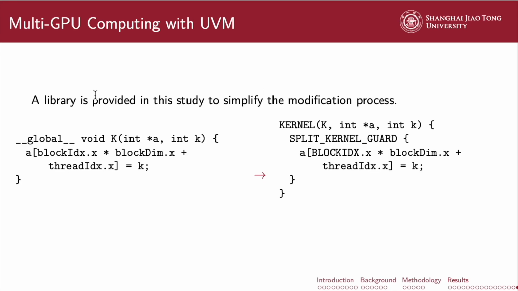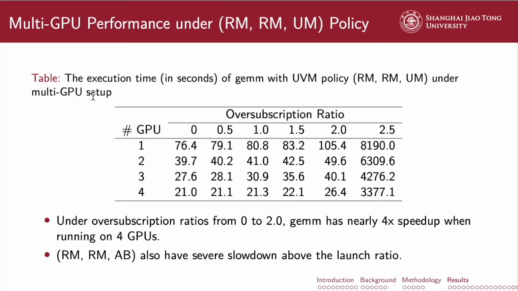To facilitate this transformation, we also provided a sample library. Under this policy, you could discover that using multiple GPUs provides impressive speedup. Compared with a single GPU system, GEMM has nearly 4 times speedup when running on 4 GPUs.